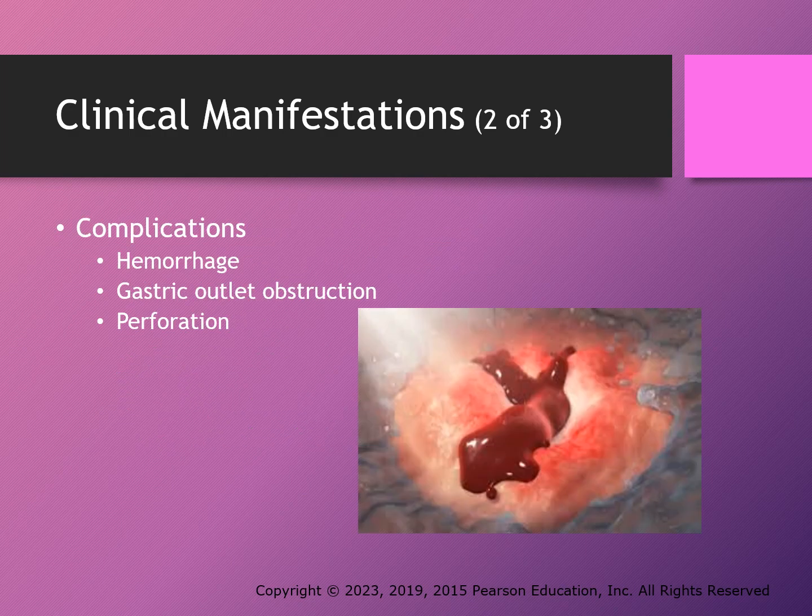The complications associated with peptic ulcers include hemorrhage, and I've got your picture here of one that's hemorrhaging, obstruction, and perforation. So hemorrhage: this is blood in the stool, either obvious or occult. Hematemesis, so when you throw up. Fatigue, of course, weakness and dizziness if you're losing blood, and those orthostatic blood pressures. And hypovolemic shock, so low volume, you're losing blood.